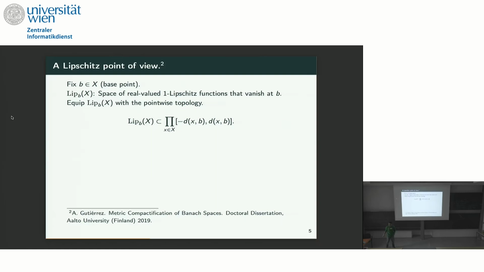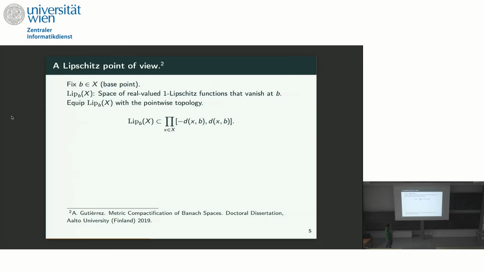Another point of view, which is better, at least for me, to understand: since we are using just the distance, we can consider the space of Lipschitz functions. And we say that Lip_b will be the real-valued 1-Lipschitz functions vanishing at b, where b is a fixed base point.